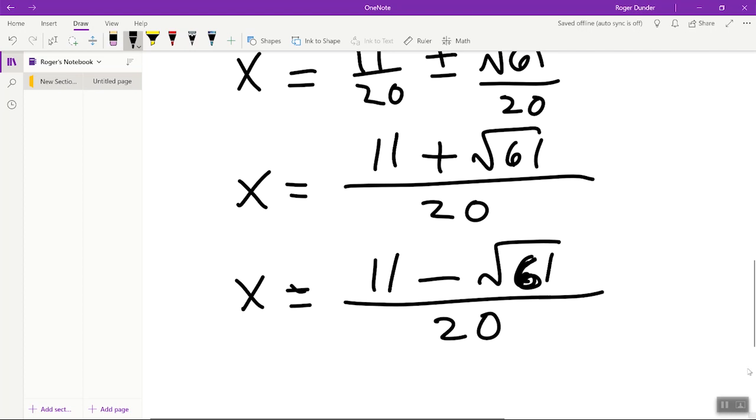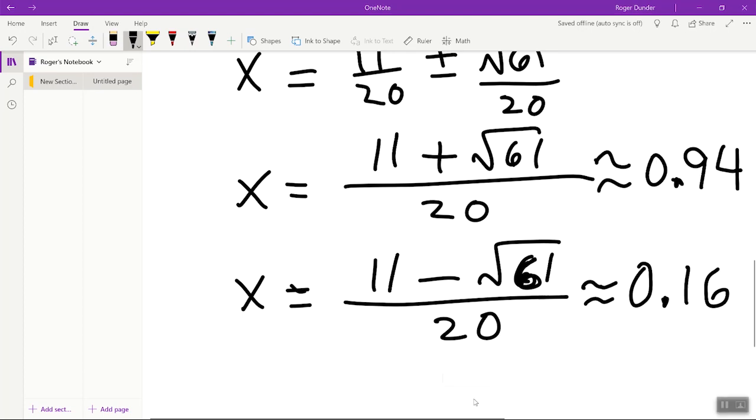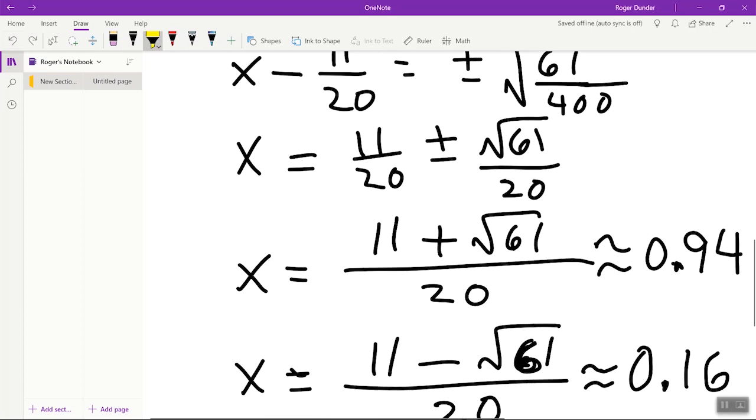And let me just work out decimals for that, for those of you who are interested. So after calculating these, figuring the square root of 61 and then calculating these, we get that x is approximately 0.94 or approximately 0.16. I think I'd prefer to see them exact.